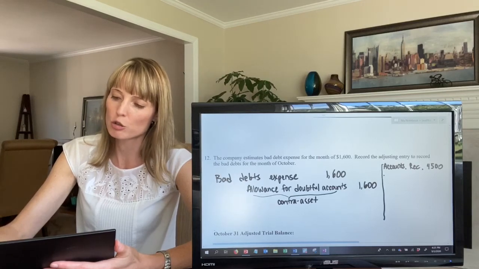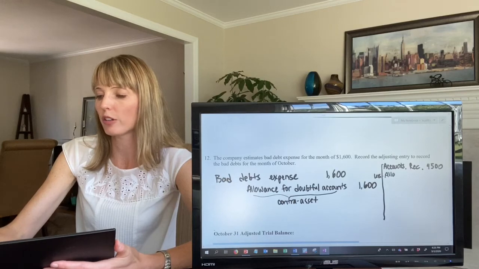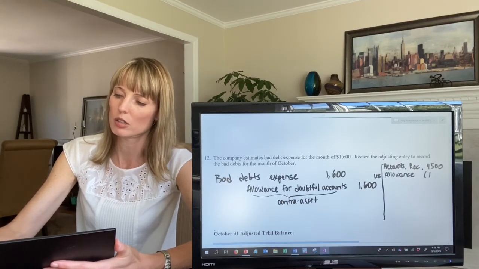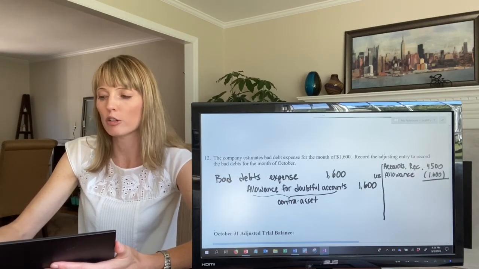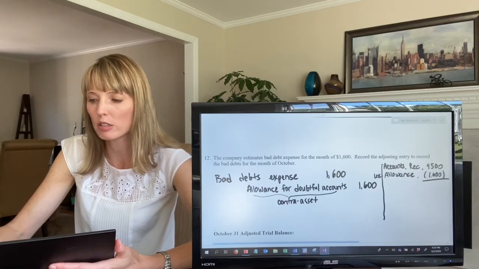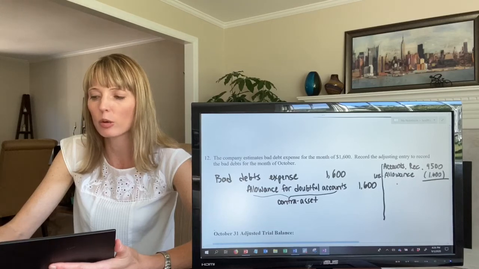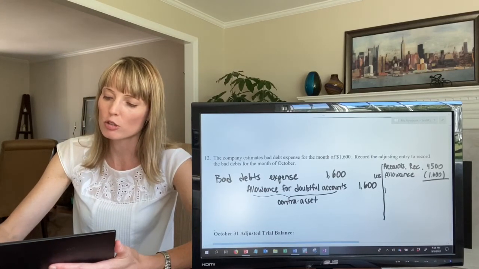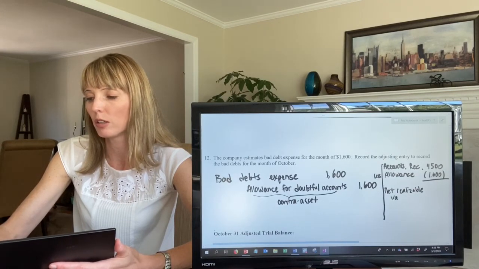So from accounts receivable, we would say less the allowance for doubtful accounts. Here I'm just going to show it as allowance. And the difference between accounts receivable, the total amount or the gross amount that our customers owe us, and the portion that we've reserved that we think we're never going to collect, or allowance, this difference is referred to as the net realizable value of those accounts receivable.